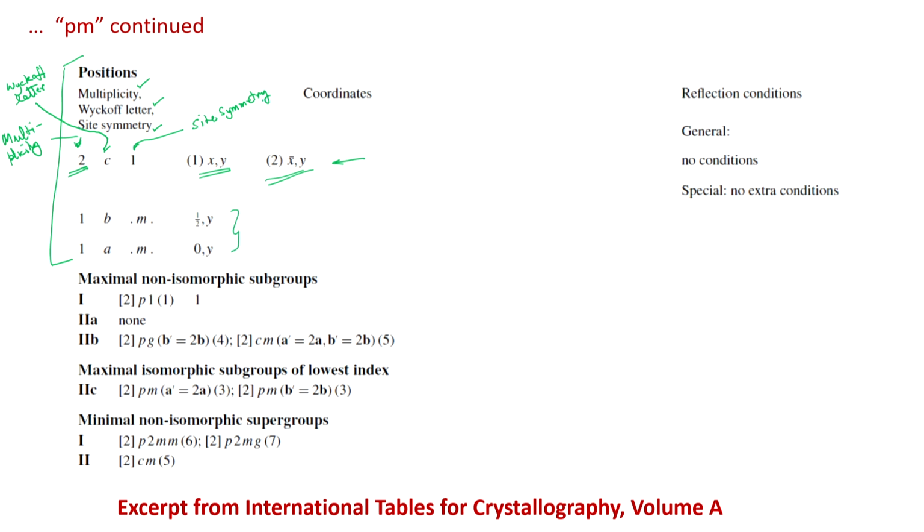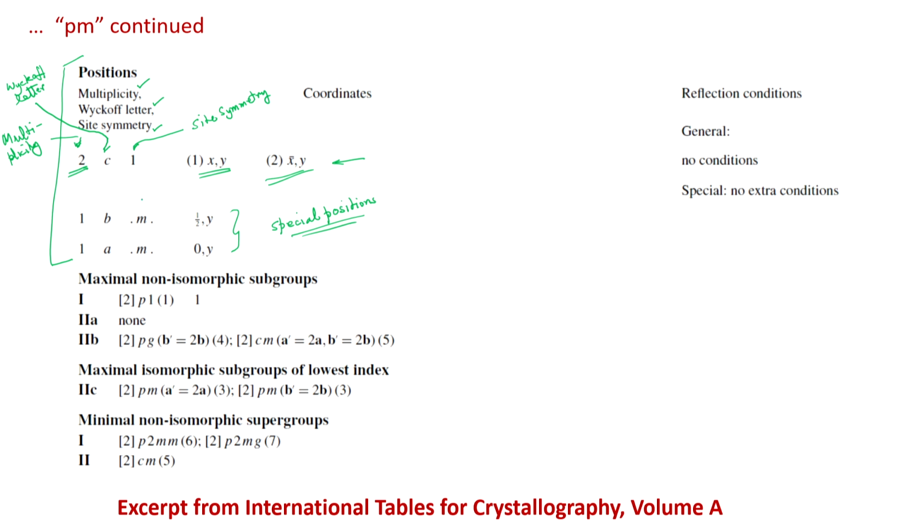Here, for example, the site symmetry is 1 in the case that we discussed, which essentially means no symmetry. That means it is not lying on a point symmetry operator. Now these are what are called special positions, which lie on a symmetry element.